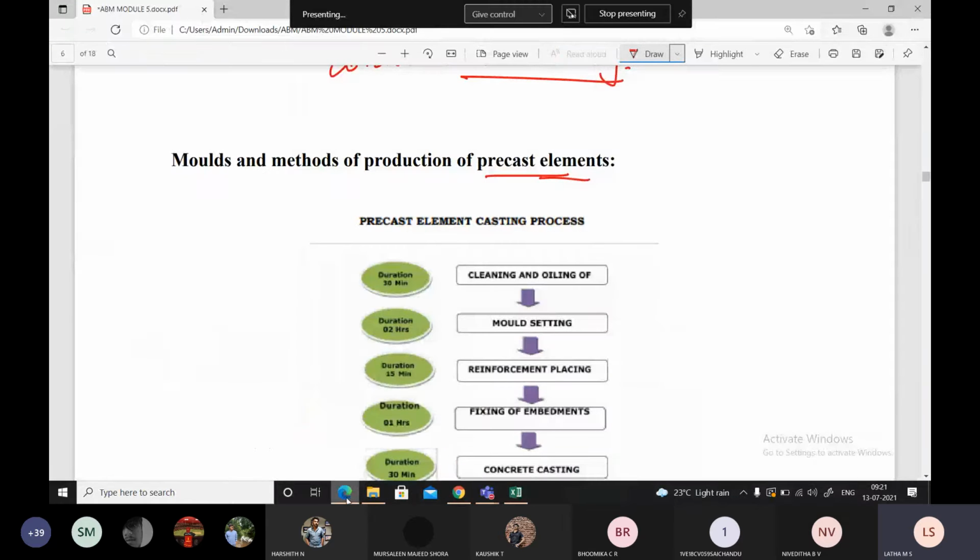Now we started module 1 with the mixer, types of mixers, right? And the second discussion was on the stabilized mud block or Sinvaram press block machine. And now it is precast elements.